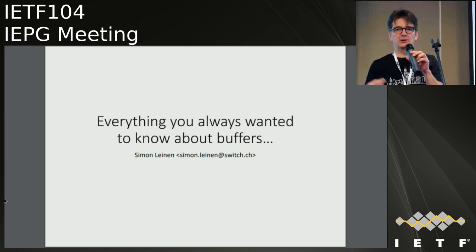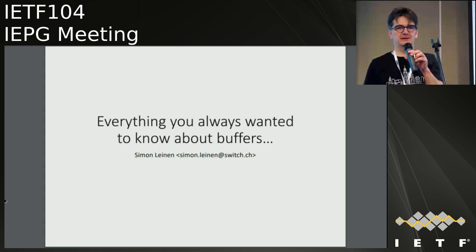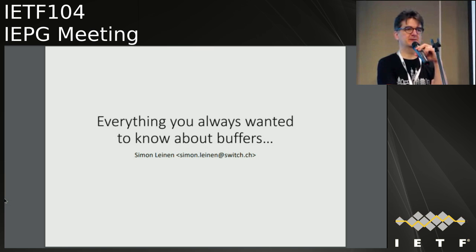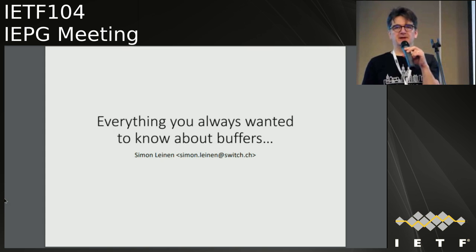I think you probably all know why we need buffers. The Internet is packet switched, and the flow control is mostly end-to-end, done by transport protocols such as TCP. You need buffers to accommodate fluctuations in traffic rate and bursty traffic.